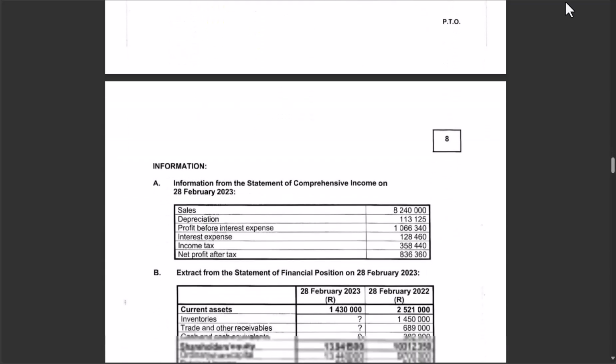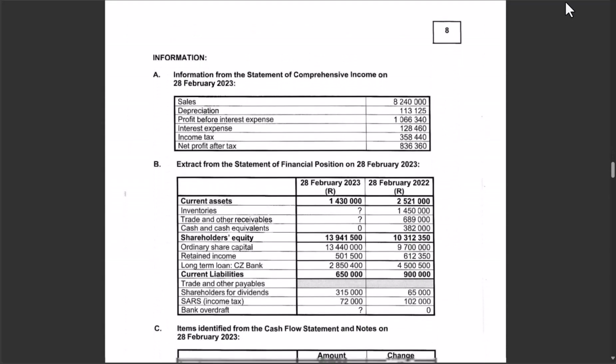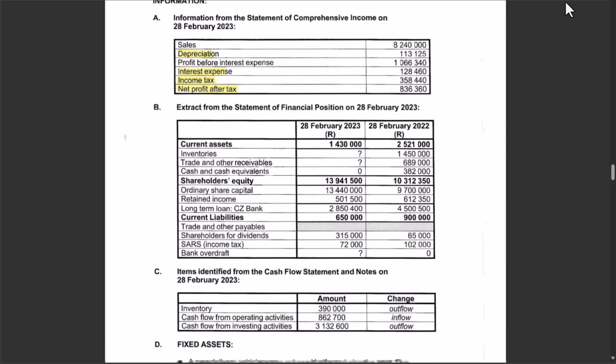Then you are given information. Information A is from the statement of comprehensive income on 28 February. You have sales, depreciation, profit before interest and tax, interest expense, income tax, net profit after tax. Then an extract from the statement of financial position, the balance sheet, 28 February 2023.